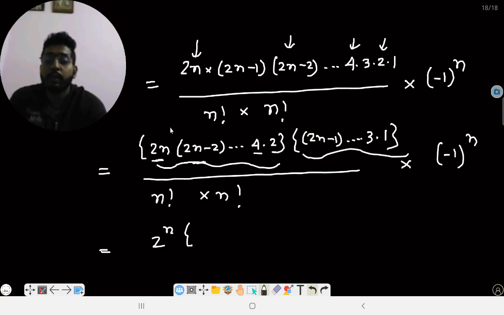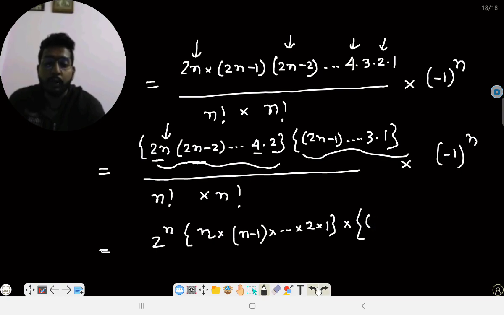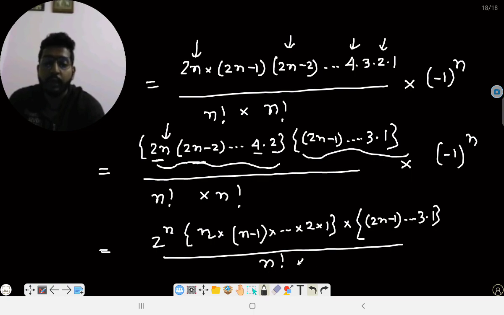Now if I take 2 from each one, the first becomes n, the next becomes n minus 1, and at the end 2 and 1, into 2n minus 1, 2n minus 3 and so on, 3 into 1 at the end. In the denominator it will be n factorial into n factorial, and minus 1 whole to the power n.